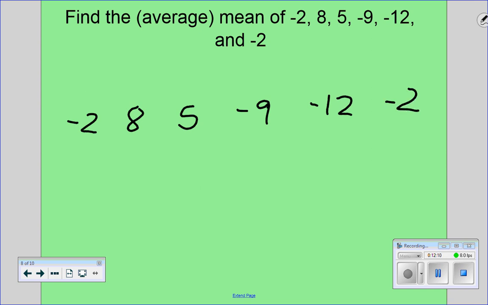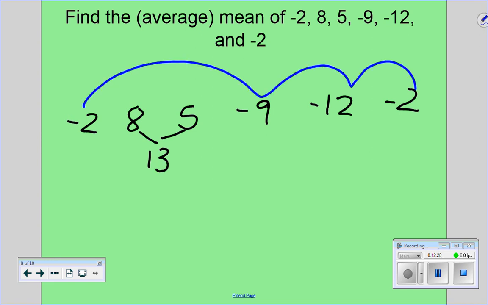Now you can use any strategy you want to use. If you're a person that likes to add all the negatives first and the positives and then do that, I don't care what you do. I'm going to add the positives. Add these. That's 13.